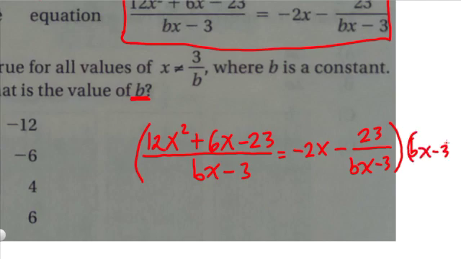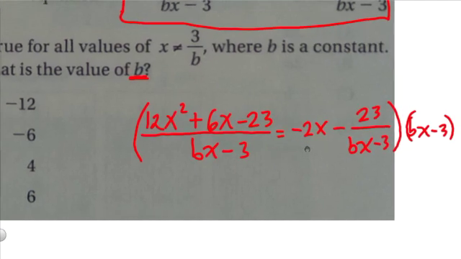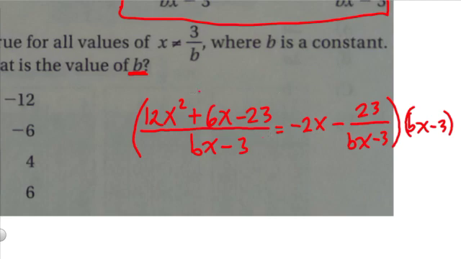So we have to put it inside the parentheses. For the expression at the left of the equal sign, we multiply by bx minus 3 and we're left with 12x squared plus 6x minus 23, because the bx minus 3 is cancelled out: bx minus 3 divided by bx minus 3 is equal to 1. We'll multiply the right side as well by bx minus 3.